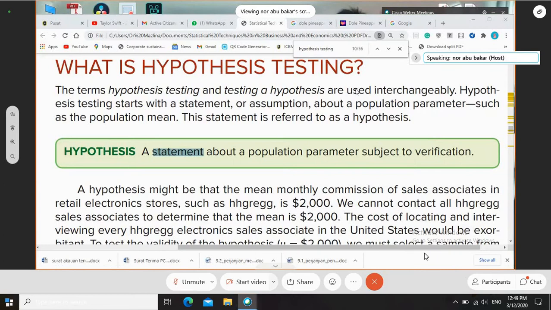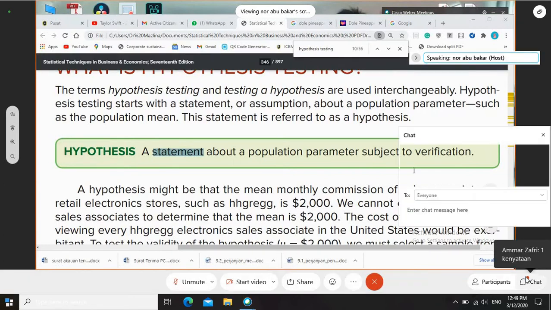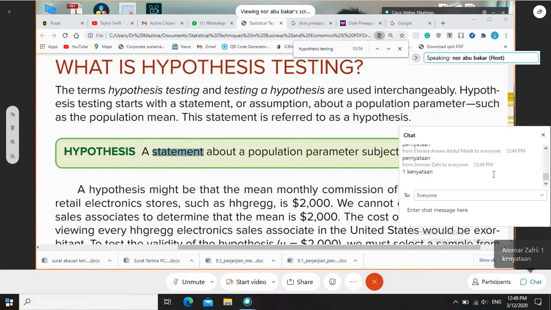Penyataan. Okay, statement is a penyataan. Okay, can you give one statement? Write.